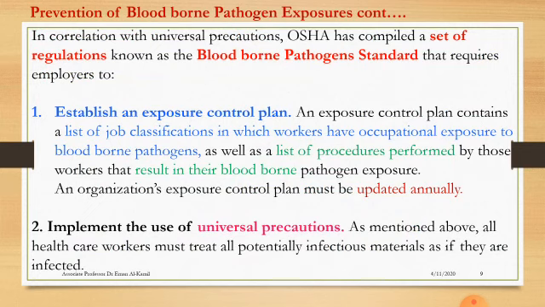Every institution should have what is called an exposure control plan, in which it will put a job classification in which workers have occupational exposure to bloodborne pathogens.